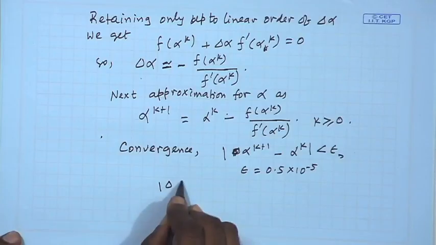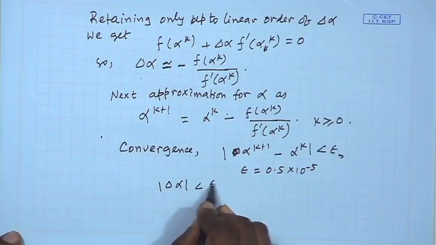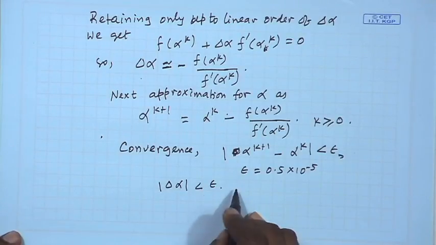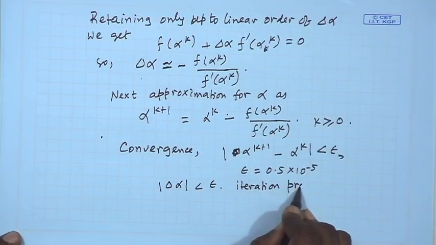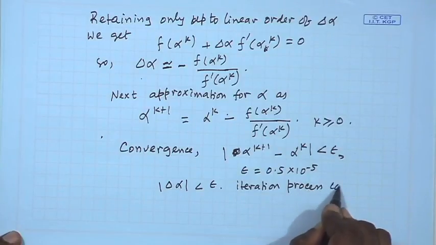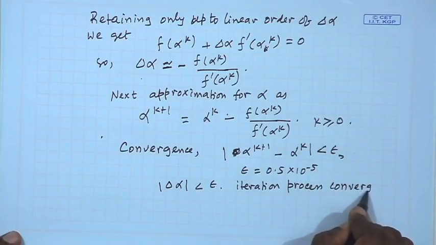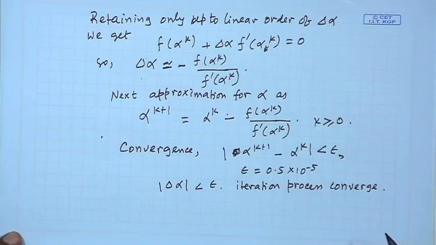In other words, if delta alpha is less than epsilon, the iteration converges. This is how the Newton-Raphson method for finding a root of a nonlinear equation is done. The same procedure we will adopt here for the case of a nonlinear boundary value problem.